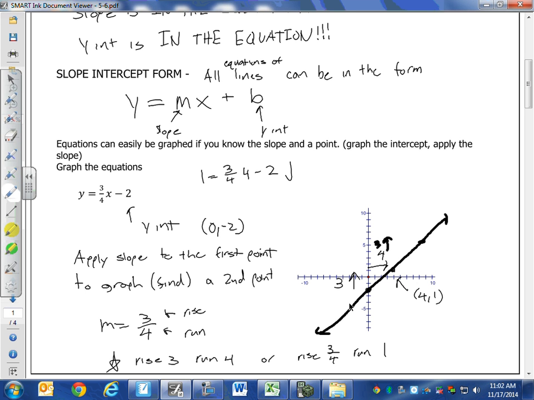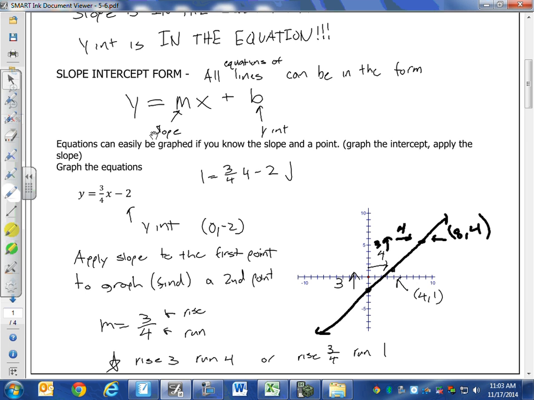So this point right here would be the point 8, 4. Just by applying slope to previous points. I'd then check with the original equation and it would work. Okay?